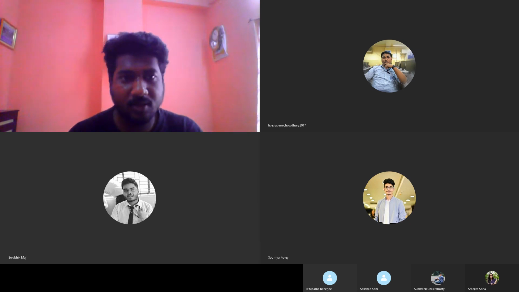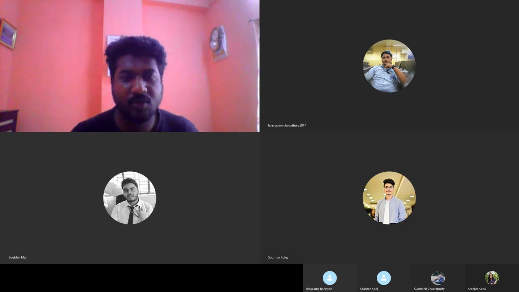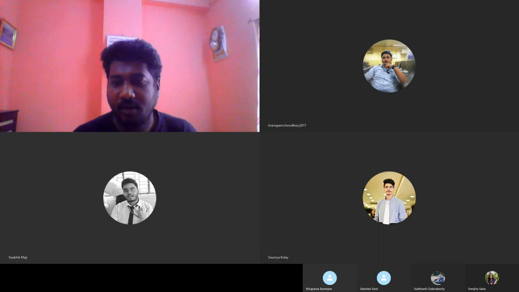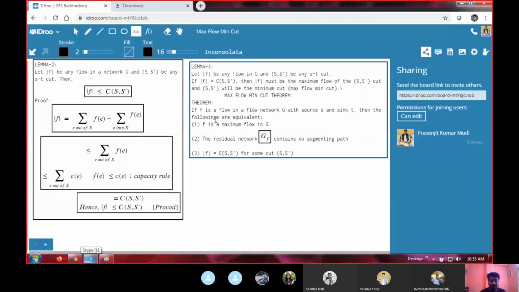So this is the concept, this is the flow, a very important theorem to understand. So these are the three statements. So the theorem is, if f is a flow in a flow network G with source S and sink T, then the following statements are equivalent. So f is a maximum flow in G, that means equivalently the residual network GF contains no augmenting path.